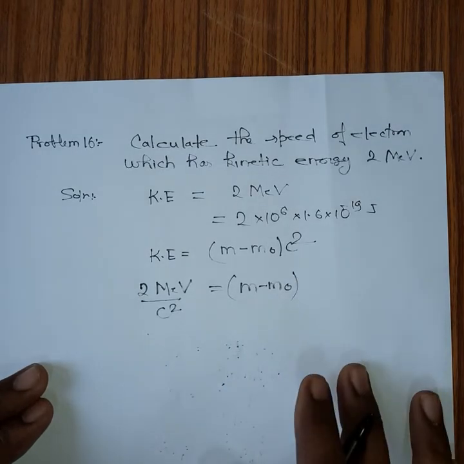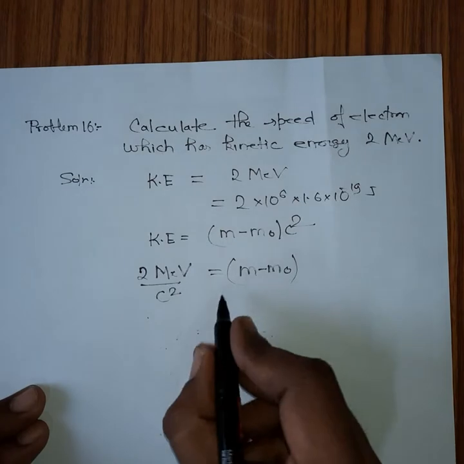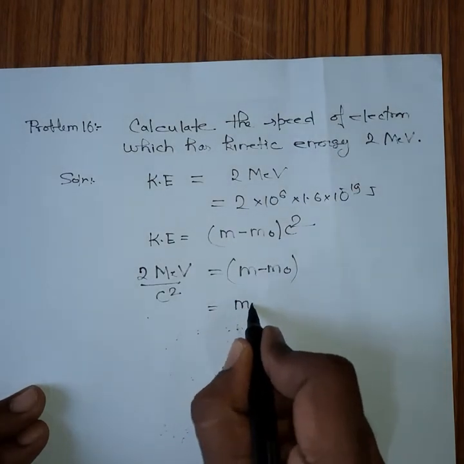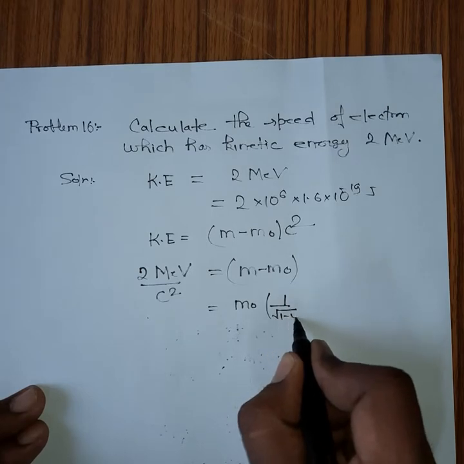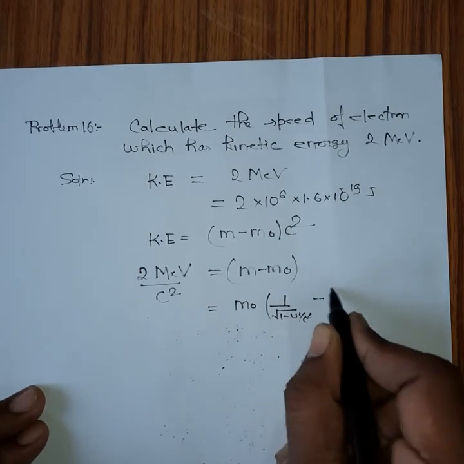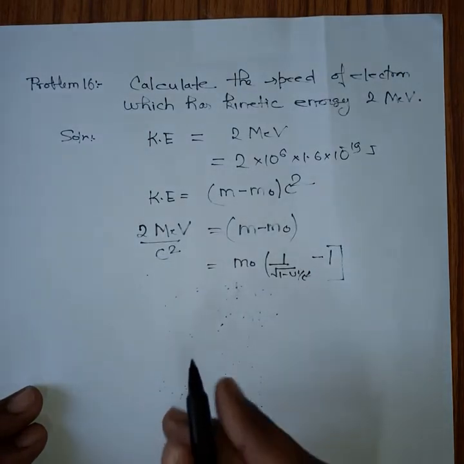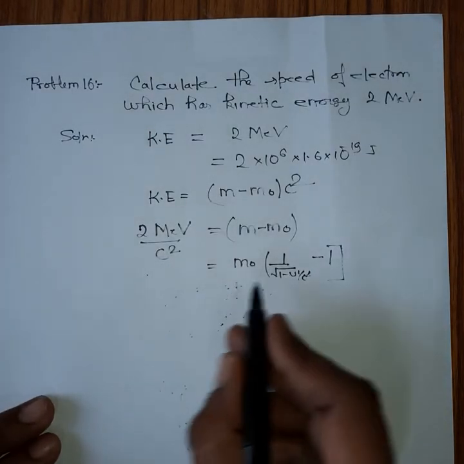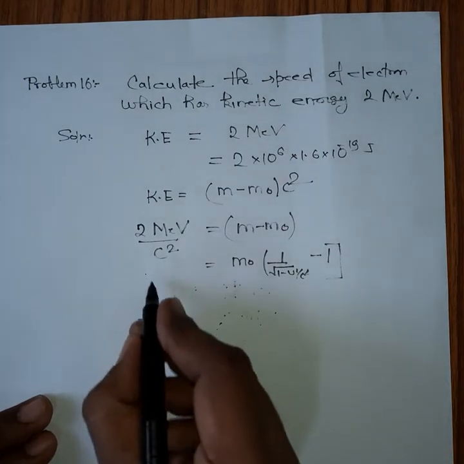You can write it further, m0 can be taken out: 1 by square root of (1 − v²/c²) minus 1. So we have to calculate v. I think everything is clear now.